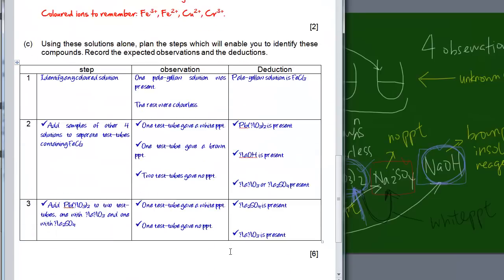Okay, I'm going to go through it very quickly with you. Now, using these solutions alone, plan the steps which will enable you to identify these compounds, and record the expected observations and deductions. So the first step is to identify any colored solution. If you observe one pale yellow solution, that would be the FeCl3.